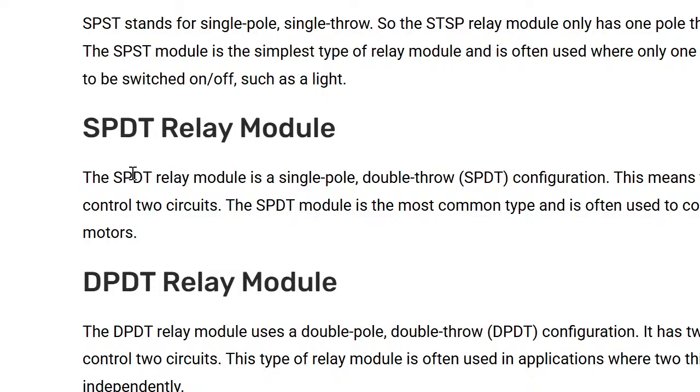With single pole, single throw, you have one input and one output. But with single pole, double throw, you have only one input, yet with that one input you can control two outputs, which means you can connect two different loads. I'll show you a single pole double throw relay module as well.